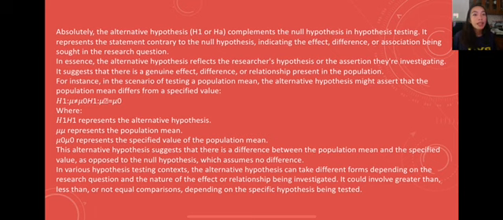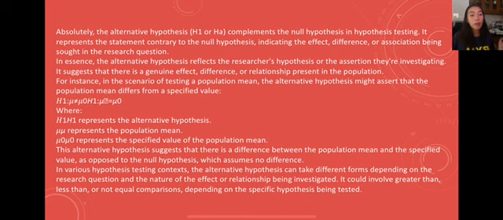For instance, in the scenario of testing a population mean, the alternative hypothesis might assert that the population mean differs from a specified value, where H1 represents the alternative hypothesis, mu represents the population mean, and mu0 represents a specified value of the population mean.